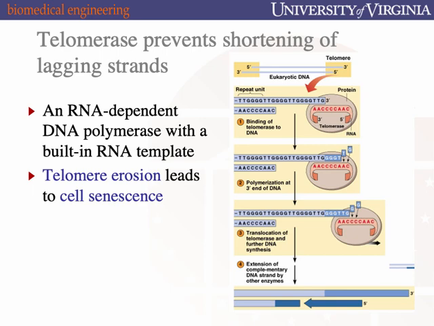Therefore, telomerase, through its enzyme activity and its RNA-dependent DNA polymerase activity, offsets the end replication problem that accompanies linear chromosomes.